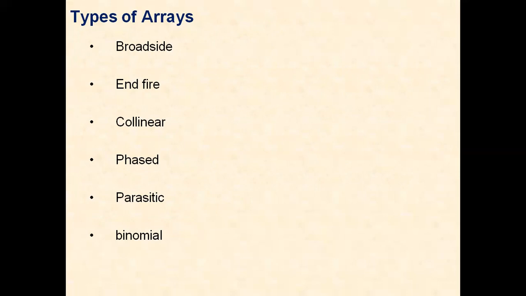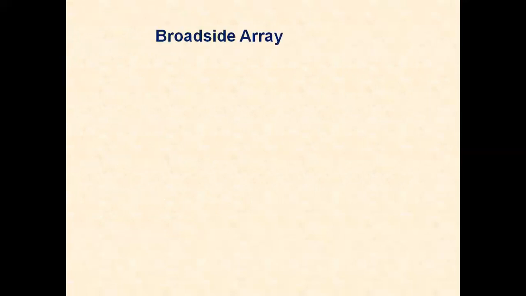So by considering all these factors, by different arrangements, we can classify the antenna arrays into broadside, end fire, collinear, phased array, parasitic, and binomial arrays. Now we will discuss in detail the broadside array. It is a bidirectional array.